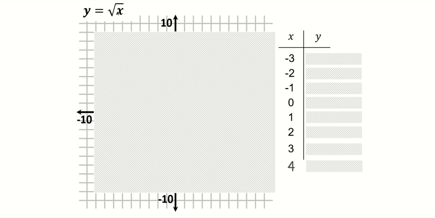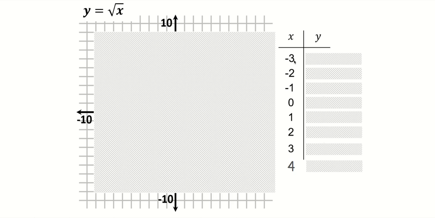This one is the square root function. Y equals the square root of x. This one's kind of interesting because if you already tried this on your own, if you ask your calculator or just think inside your own head, what is the square root of -3? Hopefully you have at least some experience with square roots. The square root of something is what number times itself will equal that number.